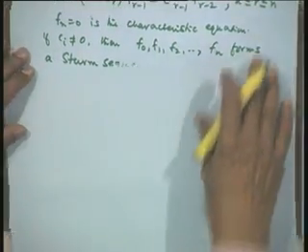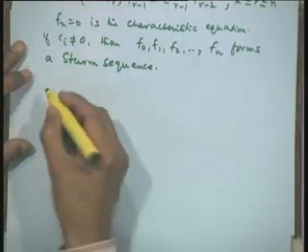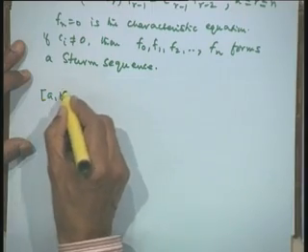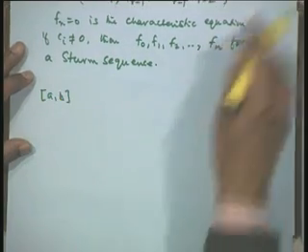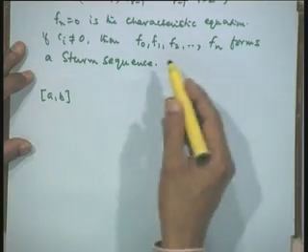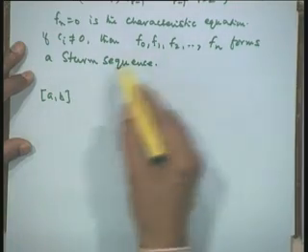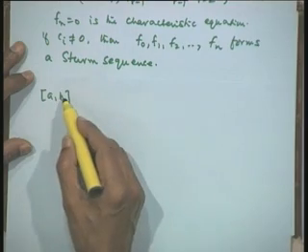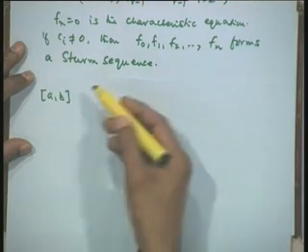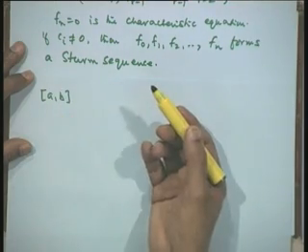Now, I can choose an arbitrary interval, any interval a b. Let us suppose I take an interval a b, then I can study if f n is 0 at any one of the endpoints, obviously it is an eigenvalue. Otherwise, I can study the number of changes of sign of this Sturm sequence in the interval a b and then locate the eigenvalue in the interval a b, if it is there or it is not there.